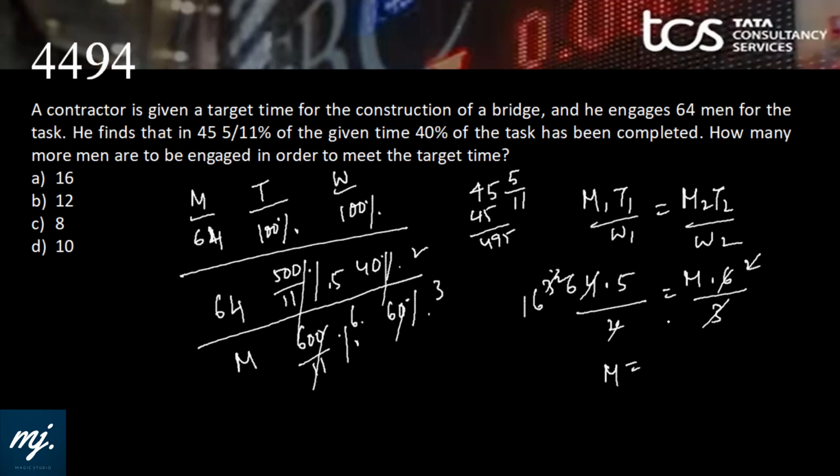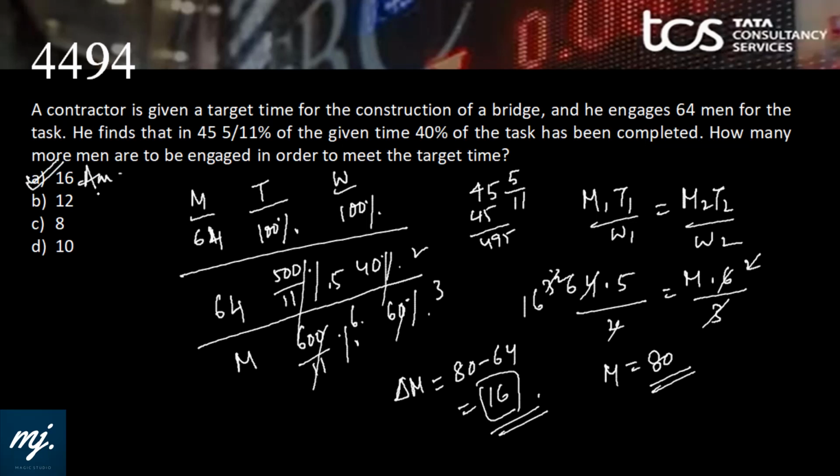That means M is 16 into 5, 80. We require 80 people. Extra number of people required are 80 minus 64, that is 16. We require 16 more people now. Option A is the best fit.